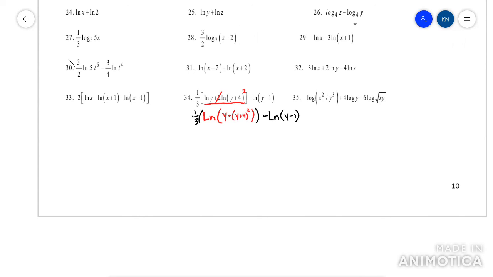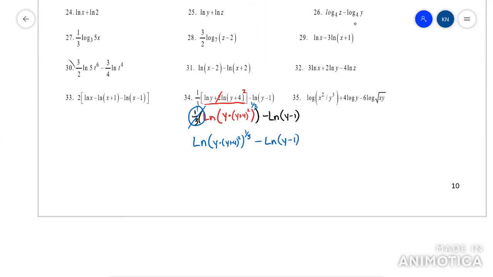Okay, now you would pull the 1/3 and basically take it to this power right here. So it's going to be like ln of this y times y plus 4 squared to the 1/3, then minus that ln of y minus 1.